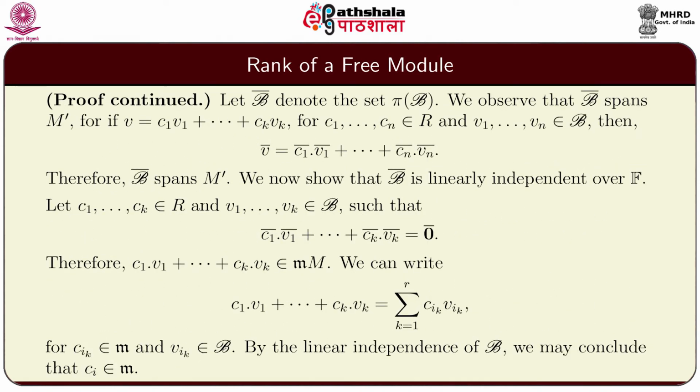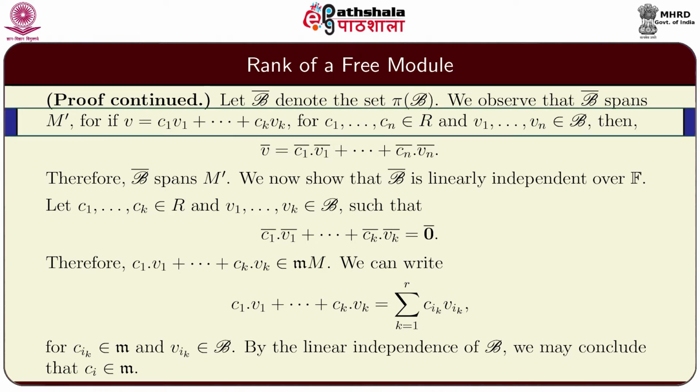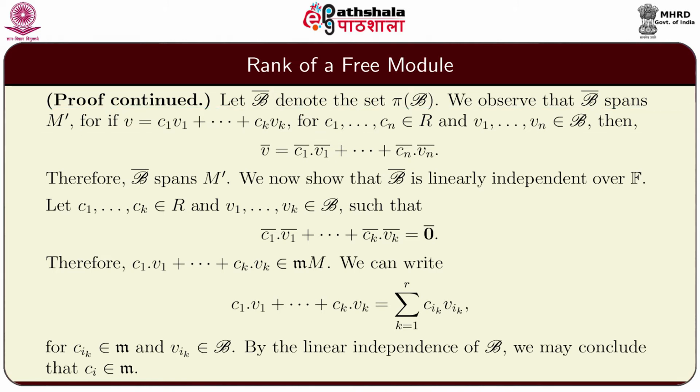Let B denote a basis for the module M and B bar denote the set pi of B. We observe that B bar spans M dash for if we take a linear combination C1 V1 etc. up to Ck Vk, which is denoted by V, where C1 C2 Cn are in R and V1 V2 Vn are in B, then V bar is C1 bar dot V1 bar plus dot dot dot Cn bar dot Vn bar. Therefore, B bar spans M dash.